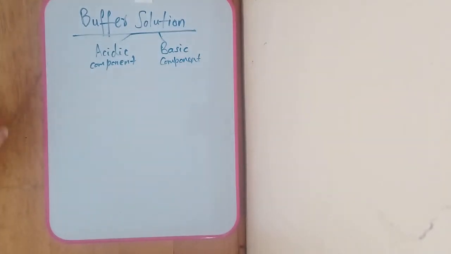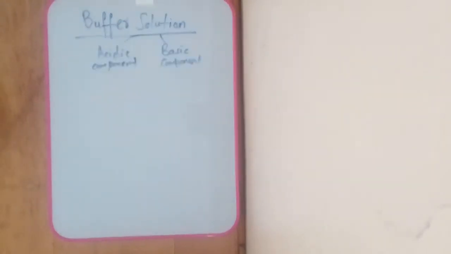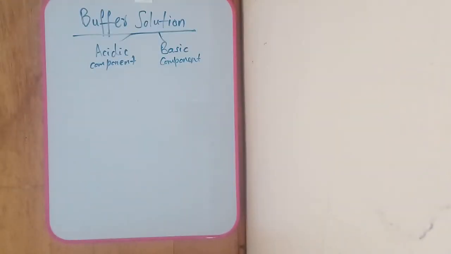The acidic component neutralizes the OH minus that you add to your solution, and the basic component neutralizes the H plus ions added to your solution. So to make a buffer, you need a weak acid and its salt, or a weak base and its salt.